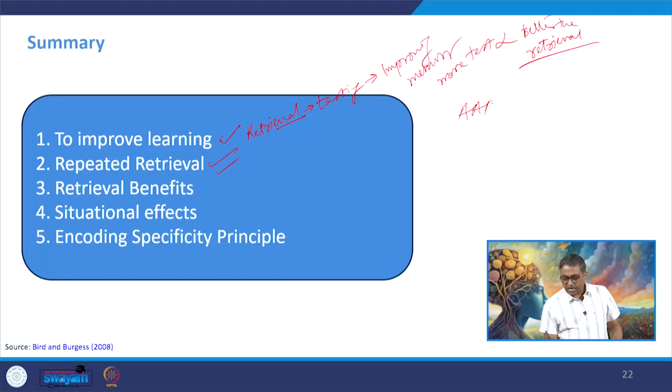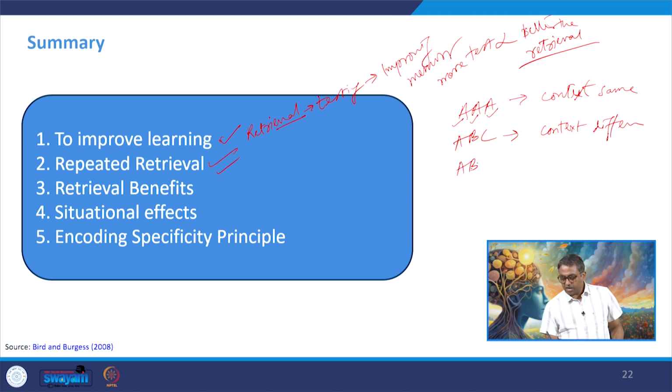Researchers have used this methodology in the conditioning paradigm, where they use an AAA context. Learning is performed in A, retrieval is performed in A, and testing is performed in A. All three contexts are the same. But in the ABC model, all contexts are different.